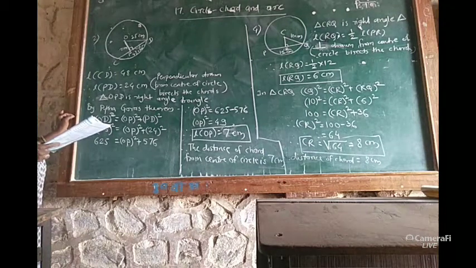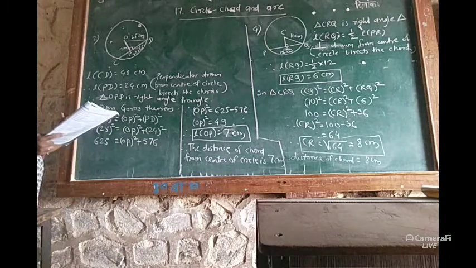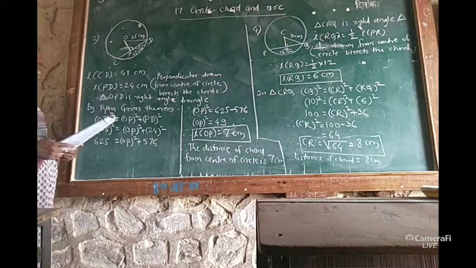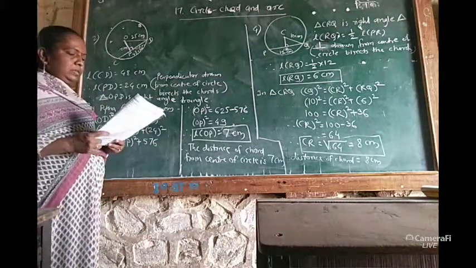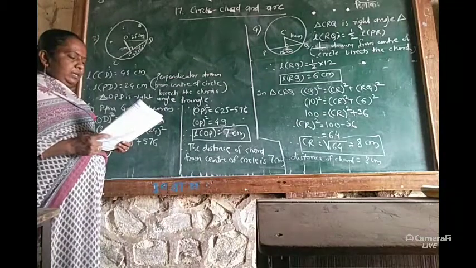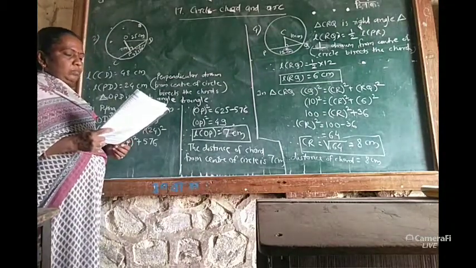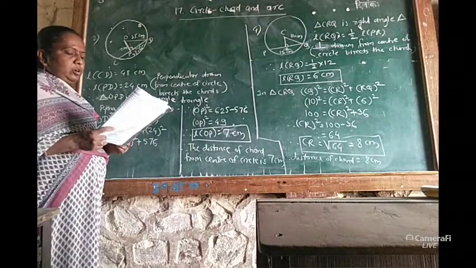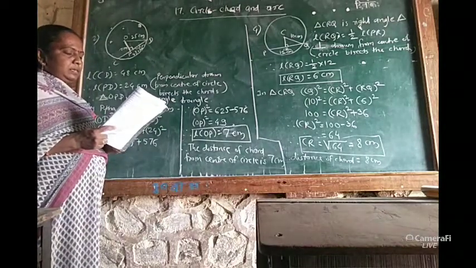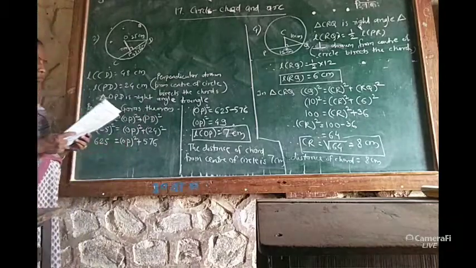Like this example, you have to solve the third example. In the third example, they have given us a circle with center O, and the length of the chord, that is 24 centimeter, and the distance between the chord and the center is 9 centimeter, and we have to find the radius of the circle.